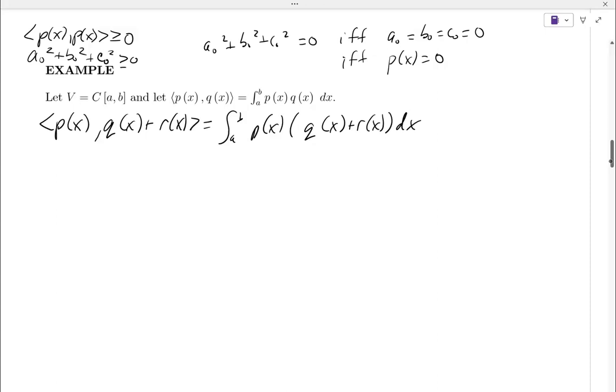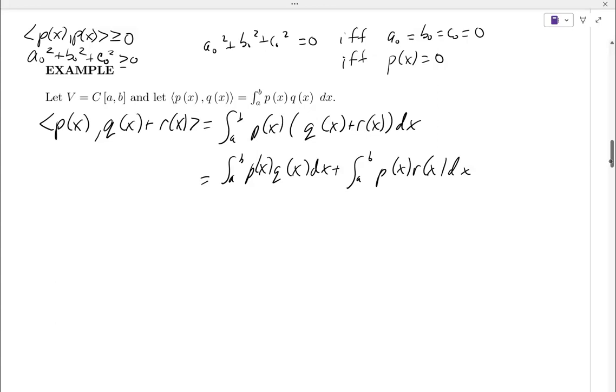If you distribute your p of x and then split the integral with the plus sign, this becomes the integral of p of x q of x dx plus the integral of p of x r of x dx, right?